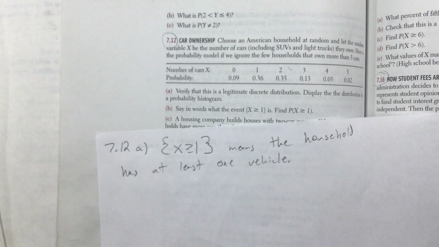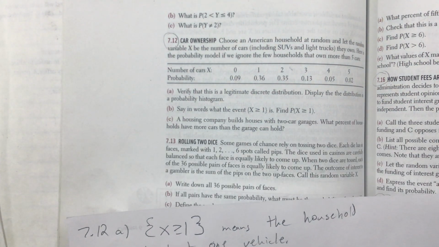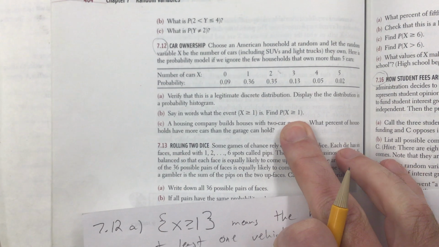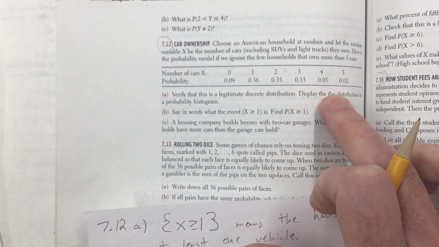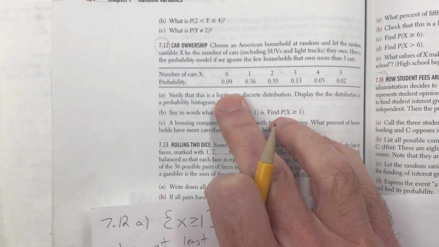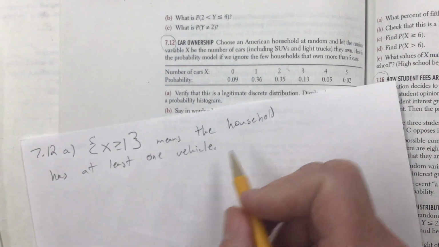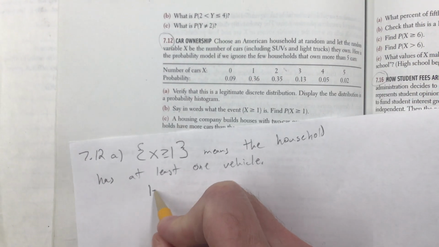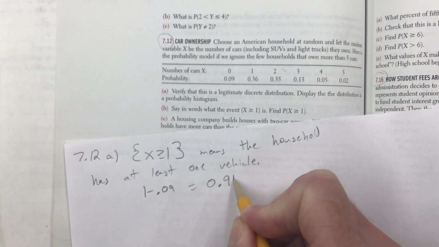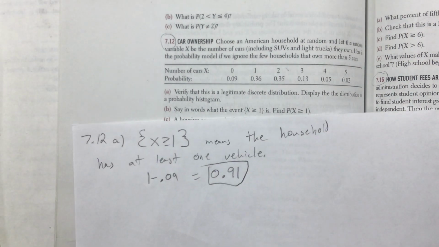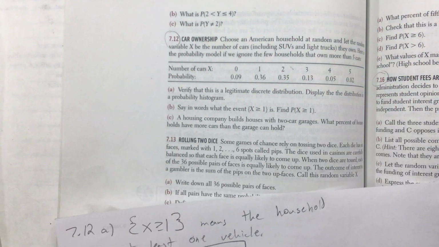Guess you could say motorized vehicle, right? Okay. Oh, find the probability X is greater than or equal to 1. So again, I could add all those up, but I'm going to use the complement, right? 1 minus 0.09 is the faster way to do this. Okay, so 91% of households have at least one vehicle, motorized vehicle.